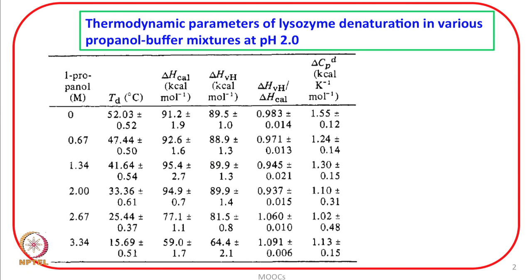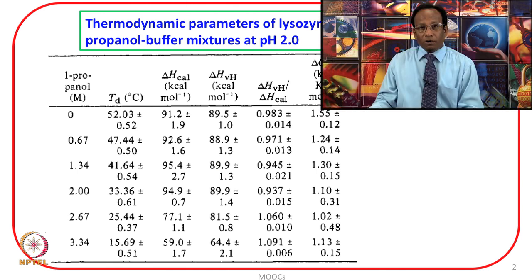And when we are reporting the data, it becomes very important to also associate the standard deviations with the data. Here we see the standard deviation reported in transition temperature is of the order of 0.52 degrees Celsius, and the standard deviations in other thermodynamic parameters have also been reported.